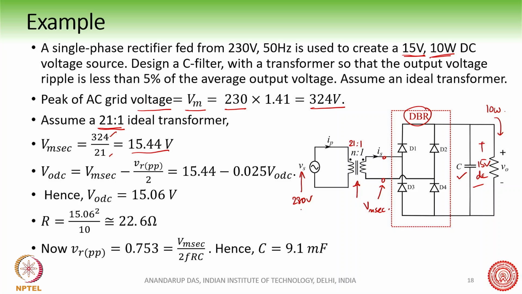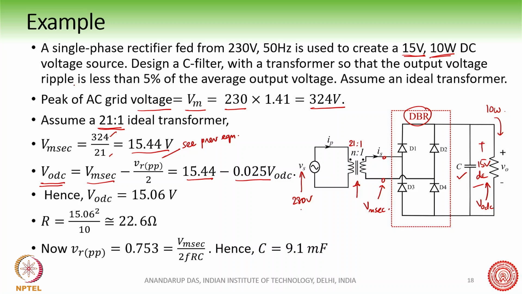What is the V0 DC? The DC voltage output, as we have deduced from the previous equation, if you can recall, is Vm secondary minus Vr peak to peak divided by 2. So this is where V0 DC comes from: 15.44 minus 0.025 V0 DC. Why is it 0.05?